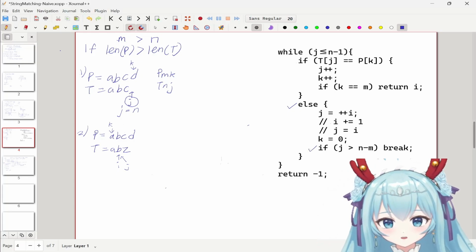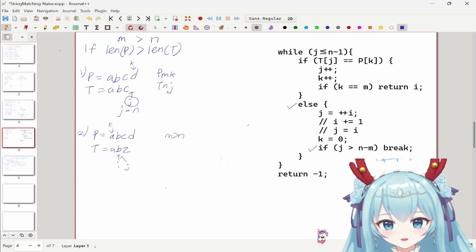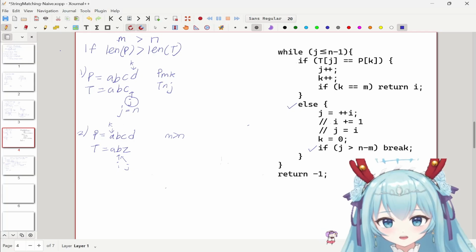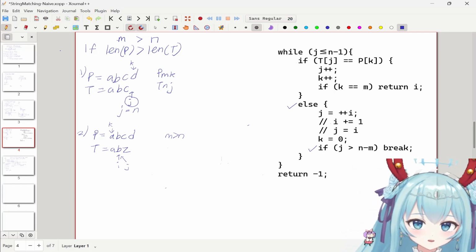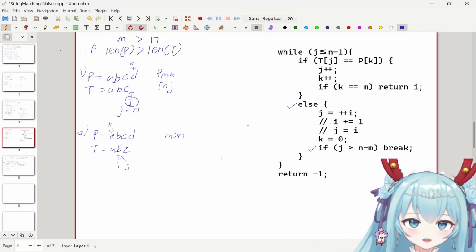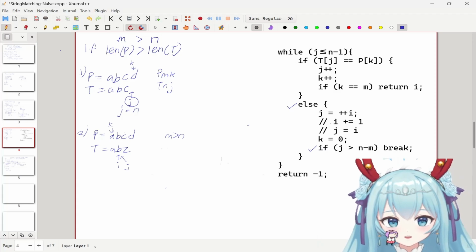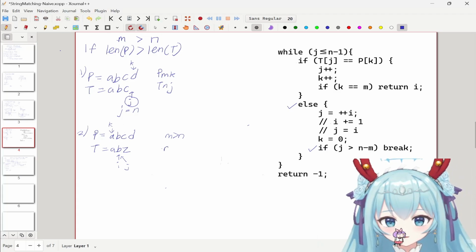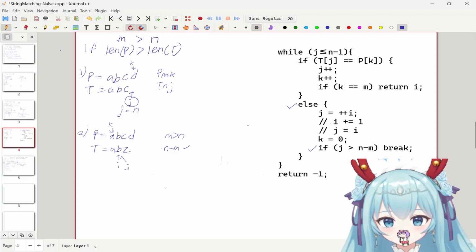Because remember, we have M greater than N. So that means, in this case, let me think, M is greater than N, so N minus M will be lesser than 0.